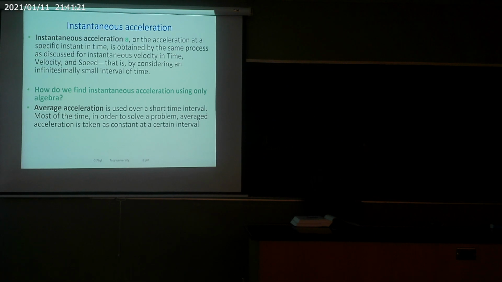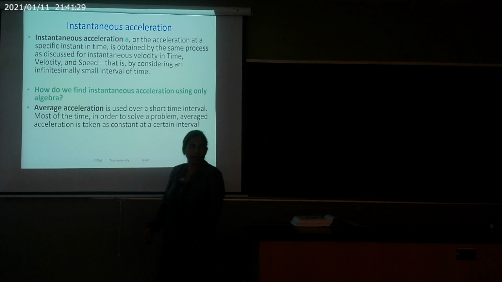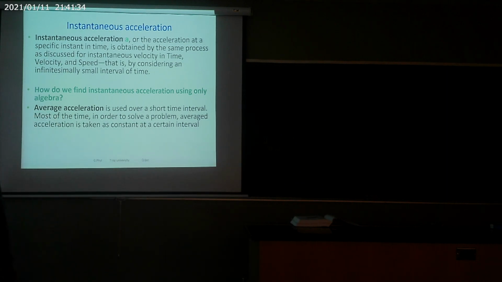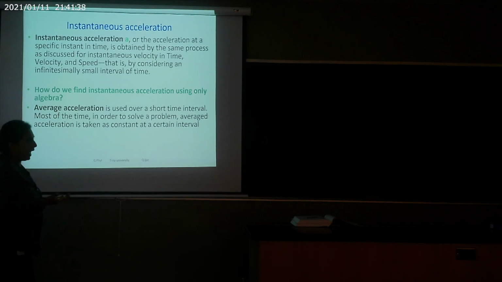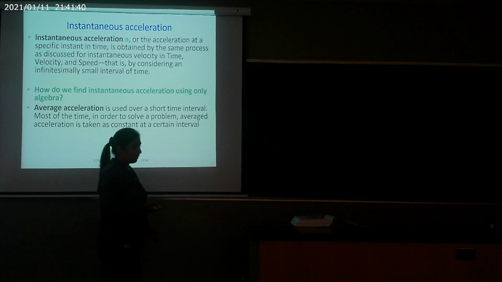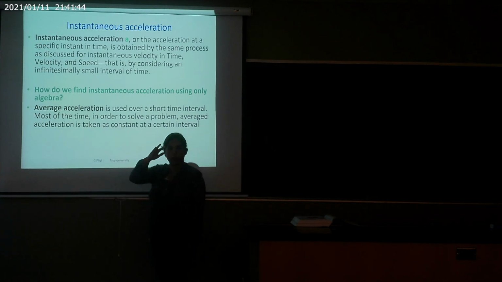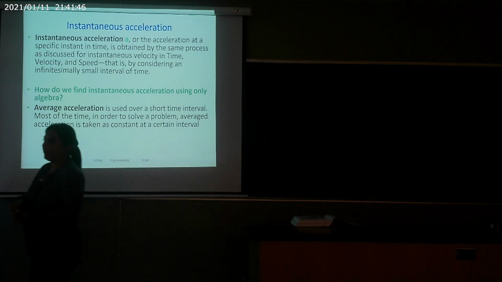But on average, when you average out all the values for the acceleration, this average value could be a constant acceleration. It could have a positive value, a negative value, or a 0 value if it has averaged out with positive and negative values.